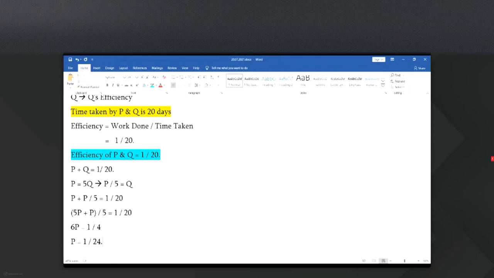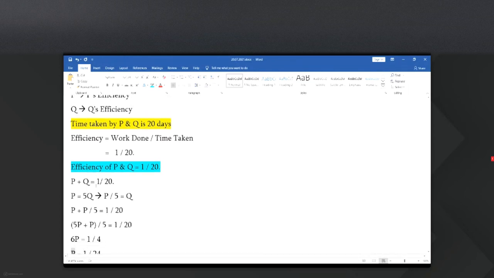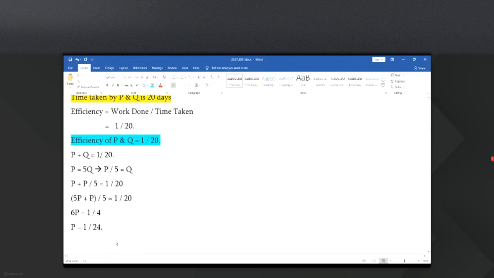Now, what does this P tell you, guys? P is P's efficiency, so P's efficiency is 1 by 24. Now, if you know this, P's time will be 24 days. How do I know that? It is because of the formula.